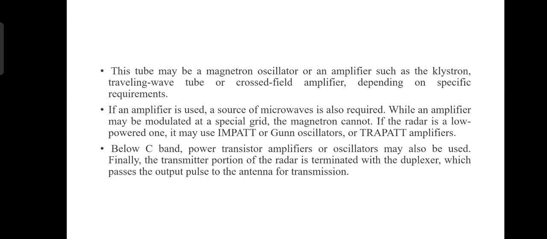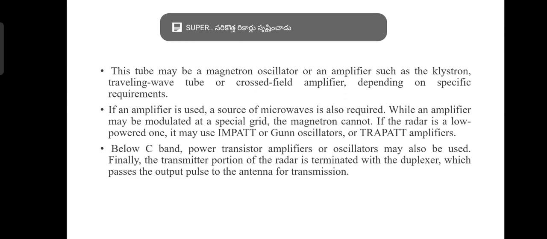This tube may be a magnetron oscillator or an amplifier such as the klystron, traveling wave tube or crossed-field amplifier, depending on specific requirements. If an amplifier is used, a source of microwaves is also required.